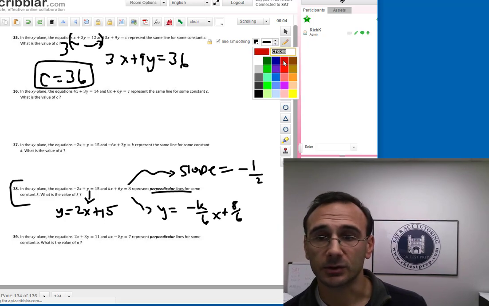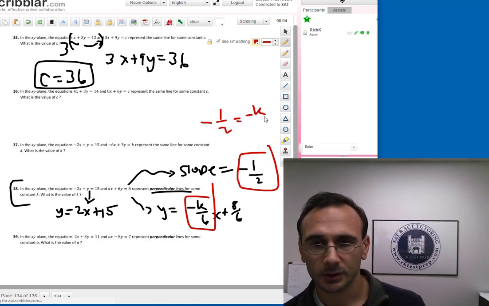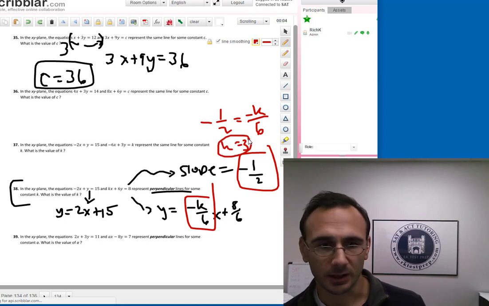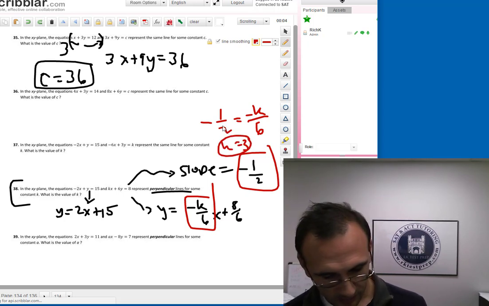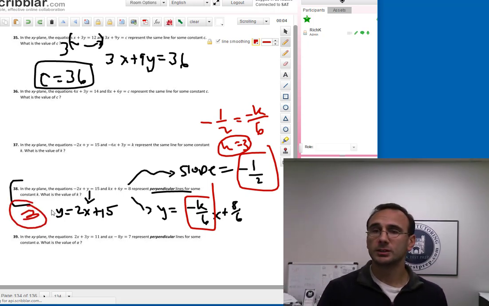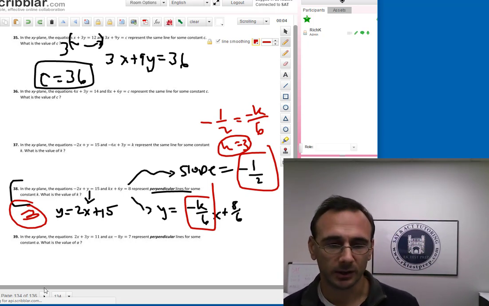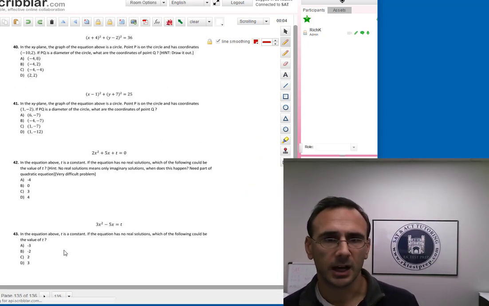So now the slopes are equal: negative 1 over 2 has to be equal to negative k over 6. I set those equal, cross multiply and solve, and get that k is 3. So that's why 38 is 3. So find the slope of the one, then get the negative reciprocal, and set that equal to the slope of the other.